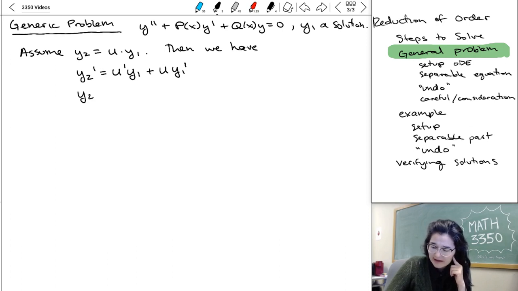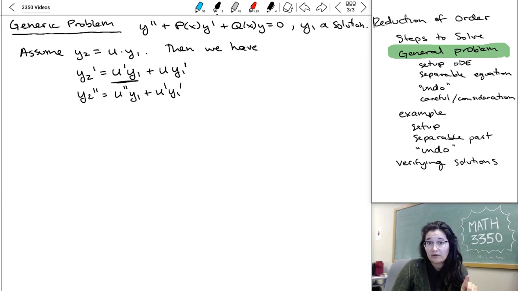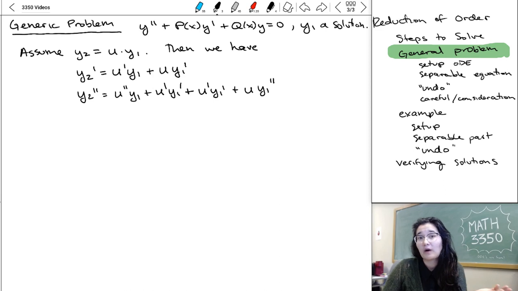And I do the same thing again to take the second derivative of y2. I've got u double prime, leave y1, plus leave u, but take y1 prime. So that was just taking the derivative of the first term there. And then I'm going to apply a product rule to this second term. So derivative of u is u prime, and then I leave y1 the way it is. Or I leave u as it is, and I take the derivative of y1 prime, which becomes y1 double prime.